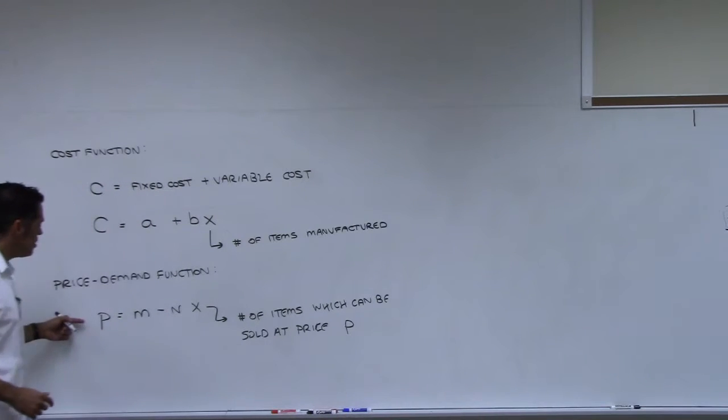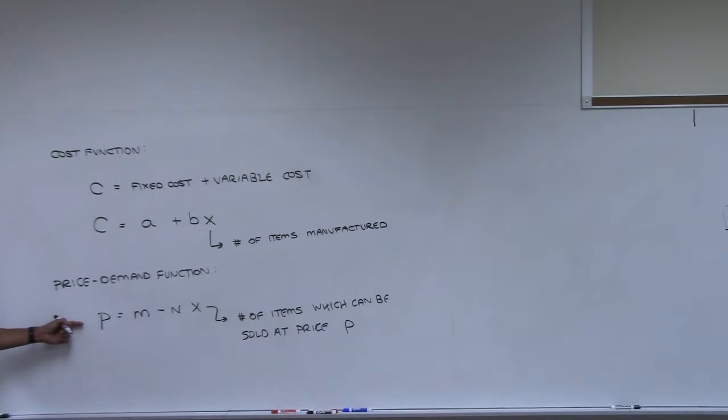What type of equation is the price demand function here? It's linear again, right? It looks a lot like y equals mx plus b. All right, so we have a linear cost function, a linear price function.